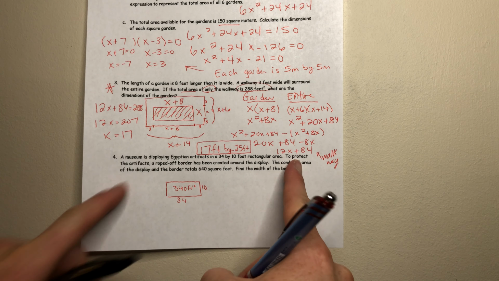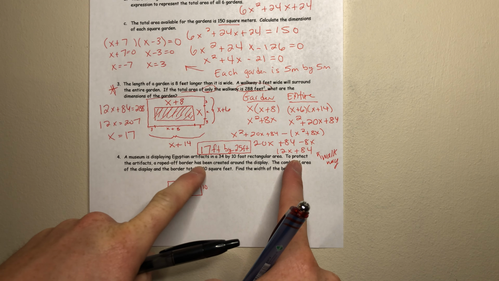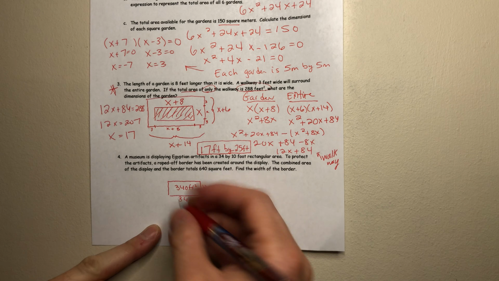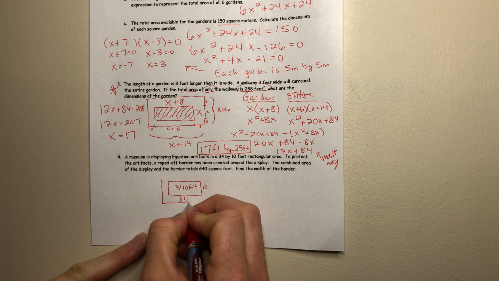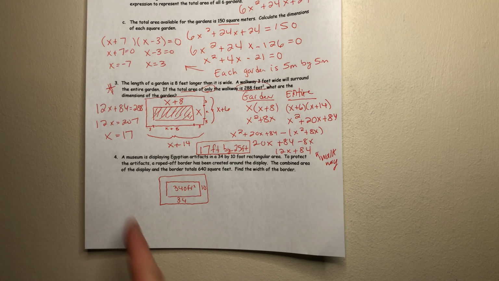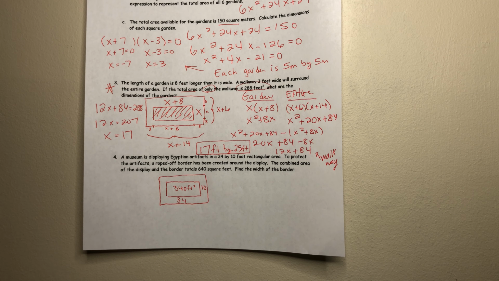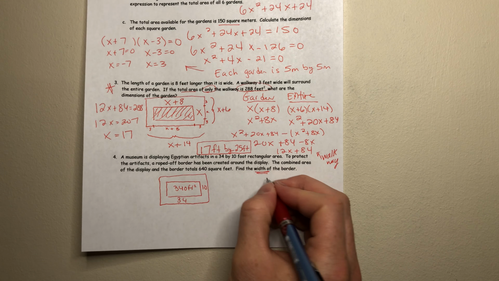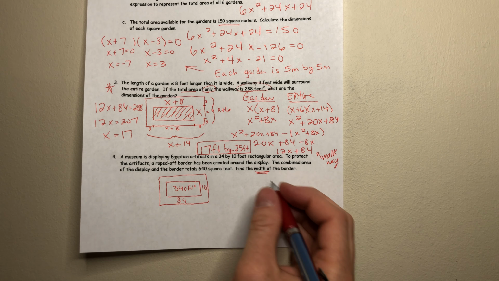To protect the artifacts, a roped-off border has been created around the display. So let's just rope this off. The combined area of the display and the border totals 640. Find the width of the border. So what do we not know? We do not know the width.